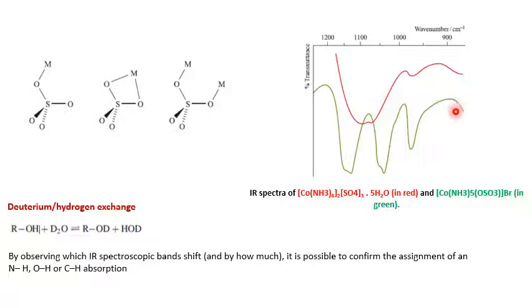The symmetry normally gets reduced, or lost, when sulfate or any inorganic anion binds to the metal center. That is why initially it gives a very broad band which is symmetric in nature, and when it binds to the metal center, the symmetry is lost, and it gives this splitting, this kind of band structure.